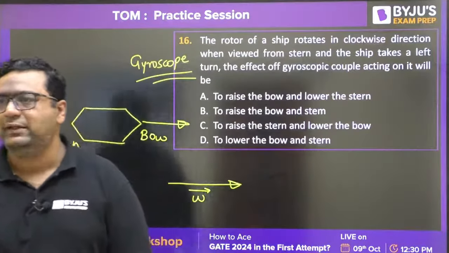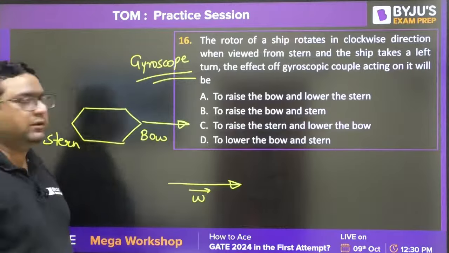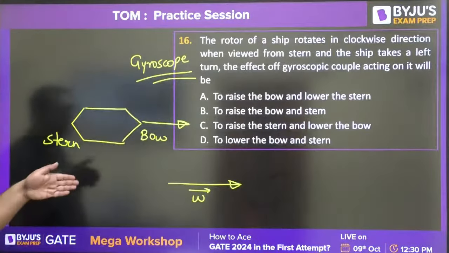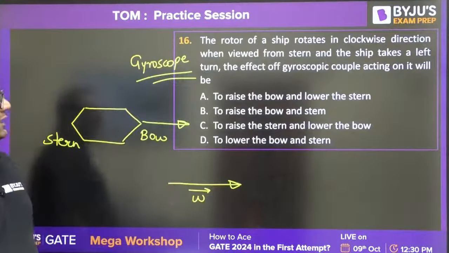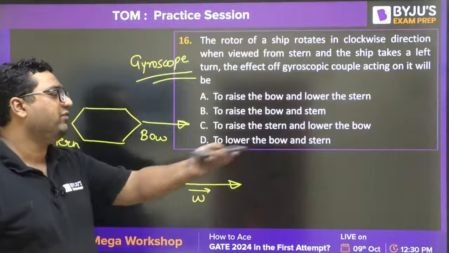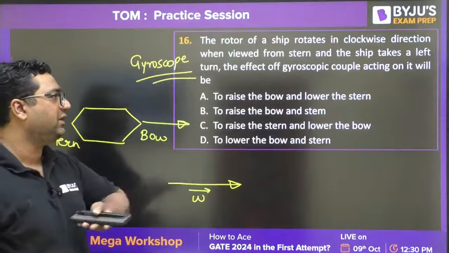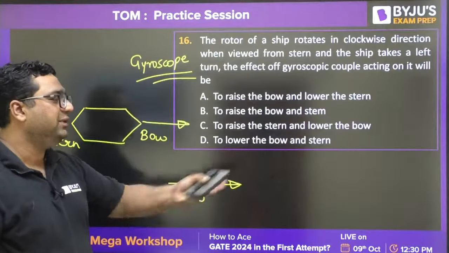Yes, solve it. Podina and Pragnesh and Warrior have said the answer to be A. And guys, now you are saying that it is taking a left turn. If this is my ship, it is taking a left turn. I will take the omega vector like this. This is taking a left turn like this. The ship's left will be this.